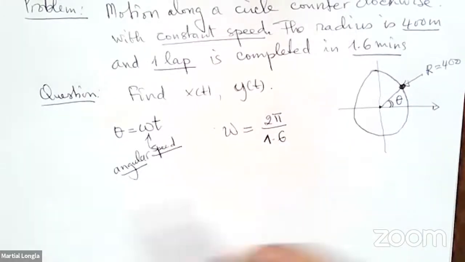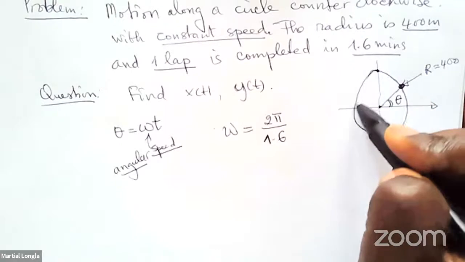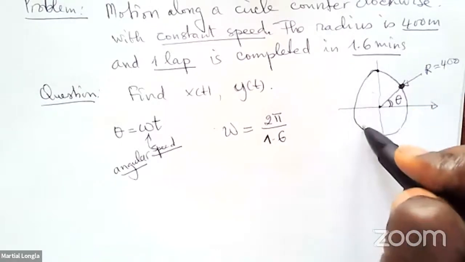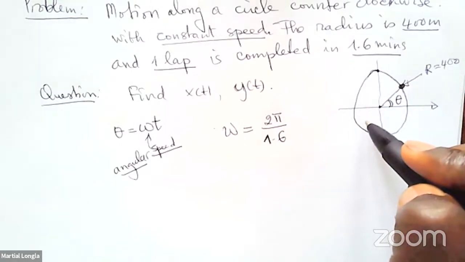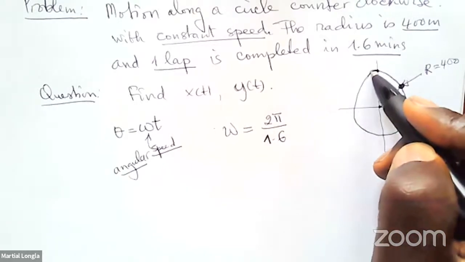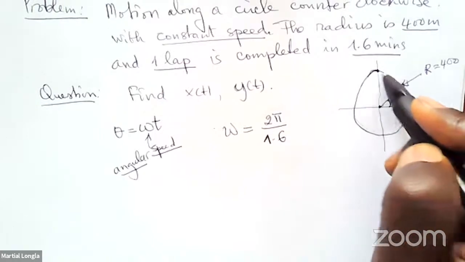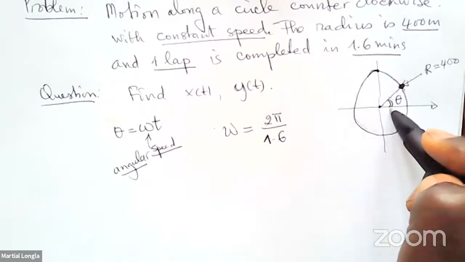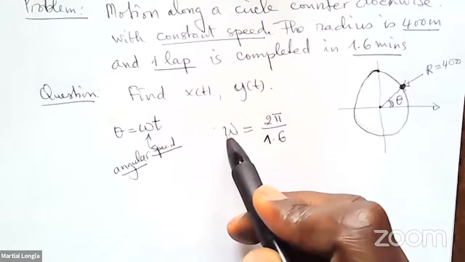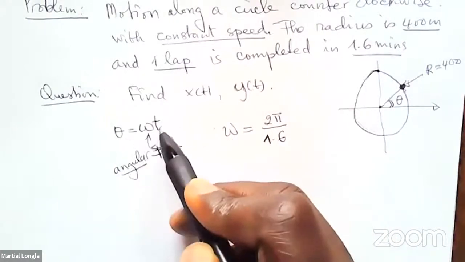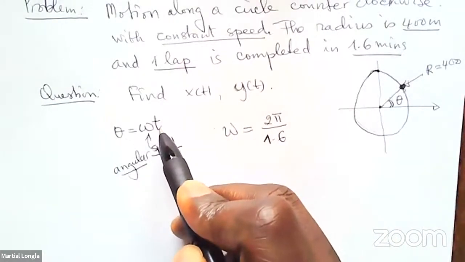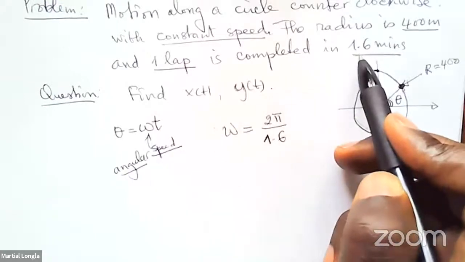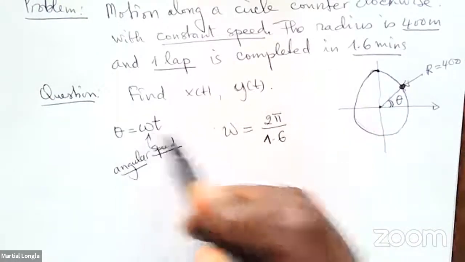Why is that? Because one lap is a complete circle, right? Are we in agreement here? When we say one lap, it's one complete circle. For one complete circle, this angle goes all the way to 2 pi. That's why I'm getting omega as the angle 2 pi divided by the time that is necessary to complete one lap. I'm dividing here to get omega.